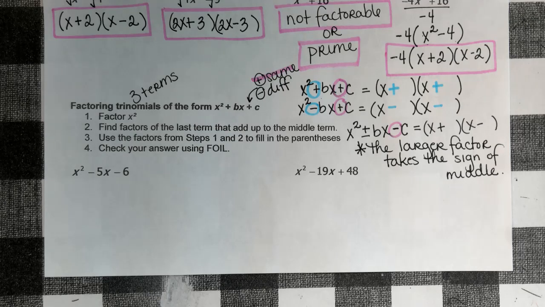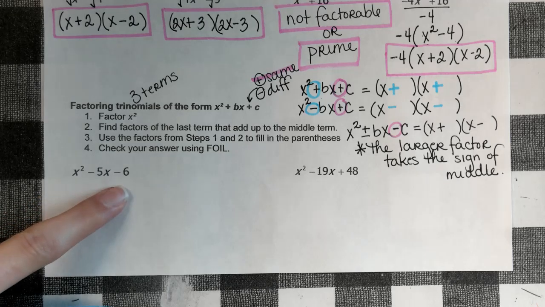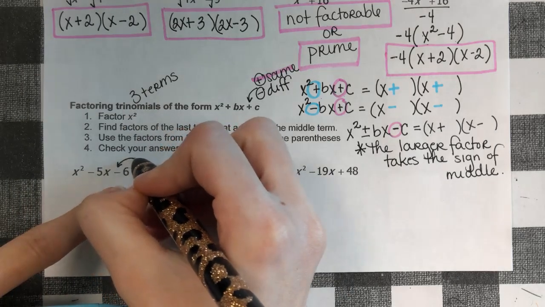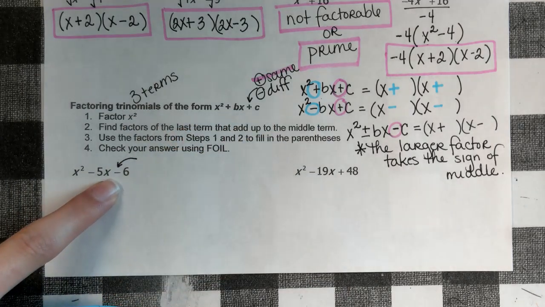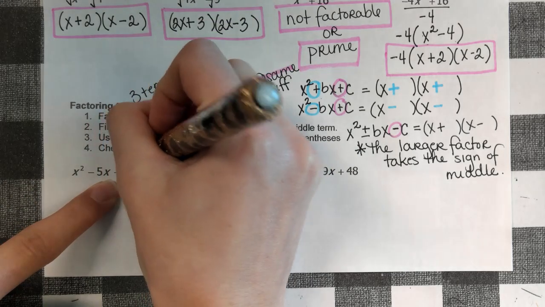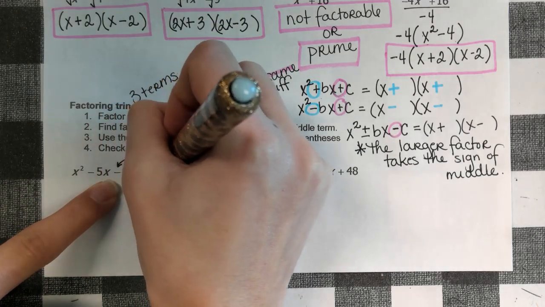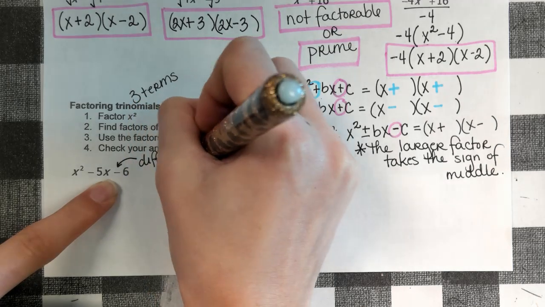So the first thing I do, x squared minus 5x minus 6, I'm going to look at that last term. Are my signs of my factors going to be the same or different? They're going to be different because it's a minus. When they are different, that means I want my factors to subtract.